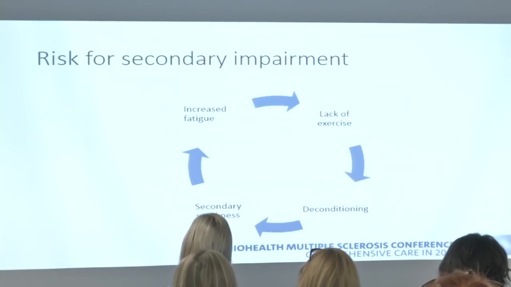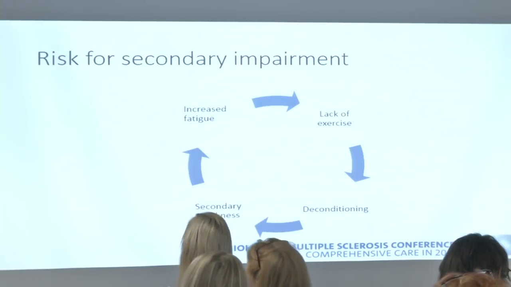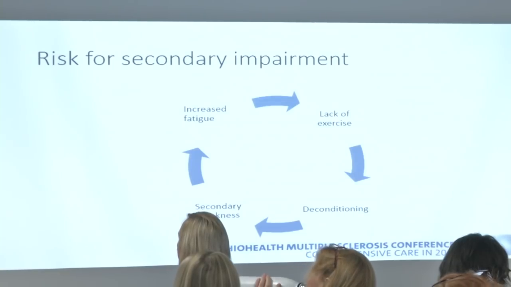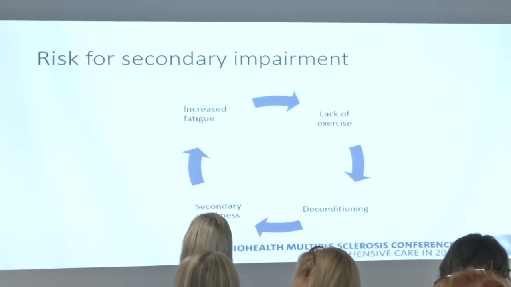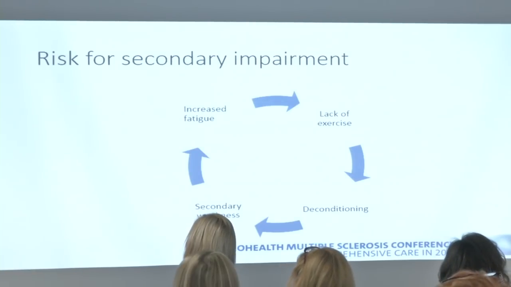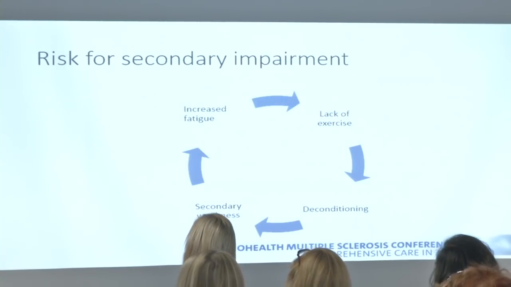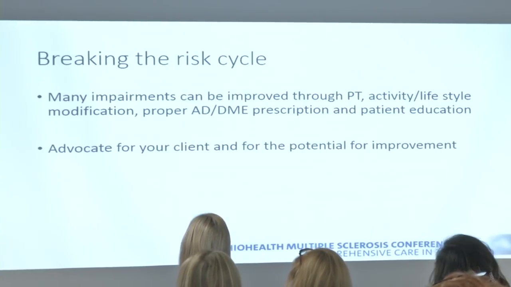Unfortunately, for many individuals with MS, participation in typical daily activities, such as their ADLs and IADLs, may be their primary form of exercise, so to speak. If this is challenging to participate in, they may withdraw from participation, and this can result in deconditioning. As a result of deconditioning, we can see secondary weakness and progression, and the cycle can continue to progress if we don't do something to break the cycle.